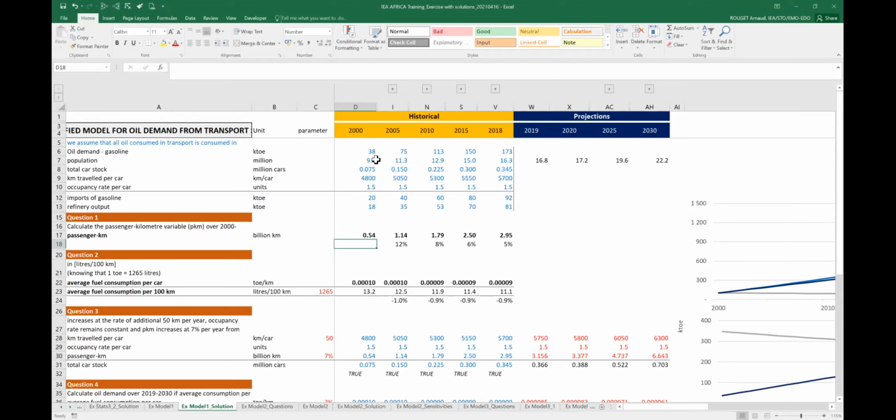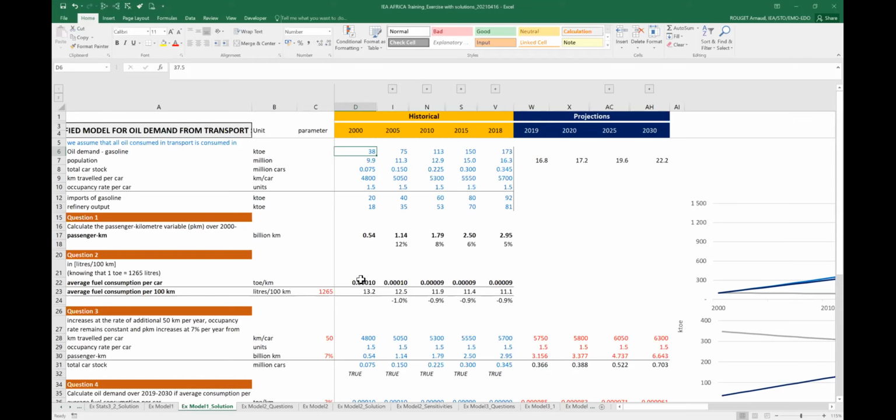So this is statistical data that could be available or estimated. And from this data, we have divided by the number of cars and their respective number of kilometers to estimate the average fuel consumption for each car per kilometer.